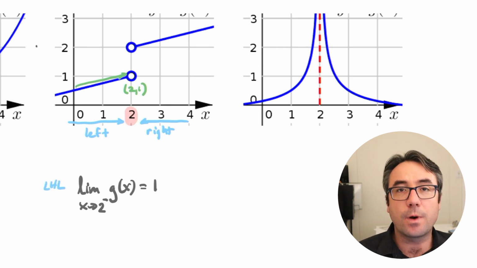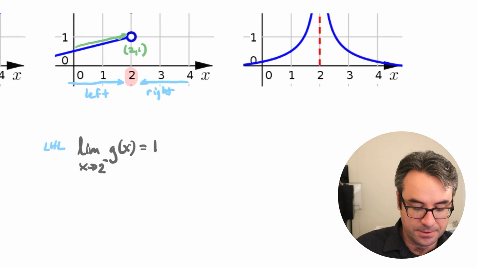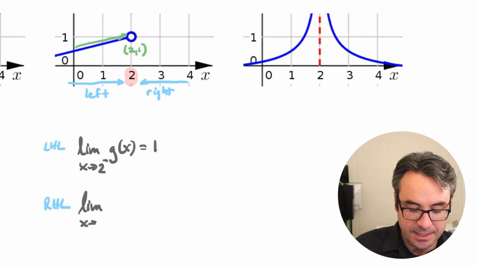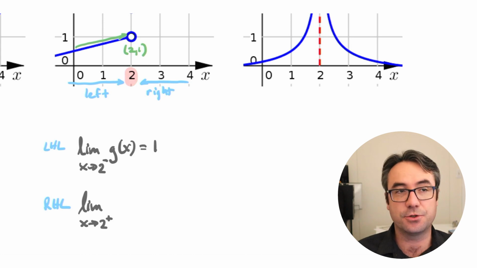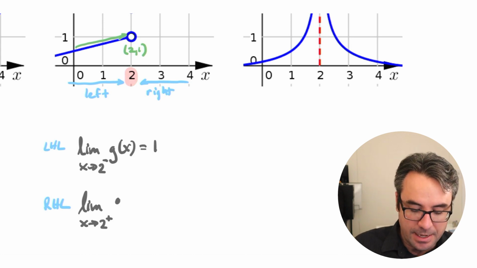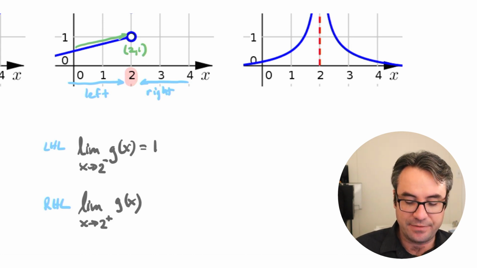All right, what about the right-hand limit? Notationally, this would be the limit as x gets closer to 2, but we're slightly bigger, so we've added a little bit extra to our inputs, and we see what happens to our function g of x.